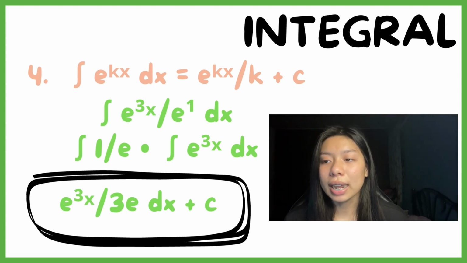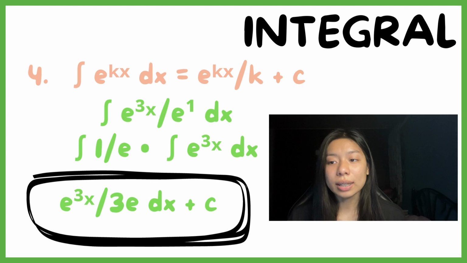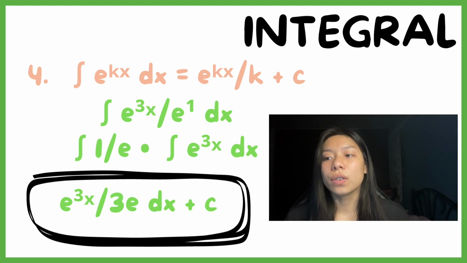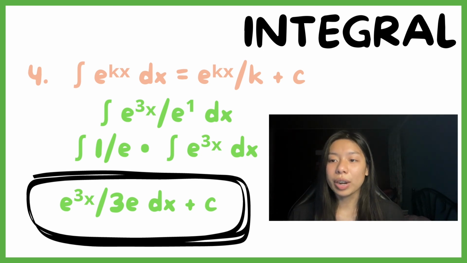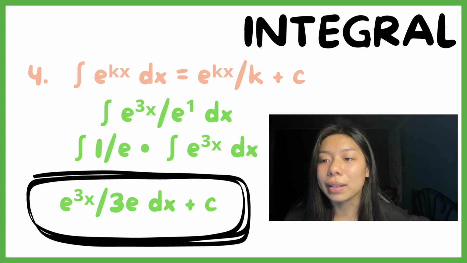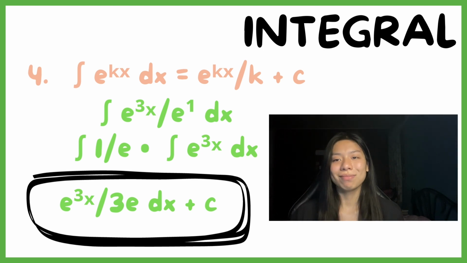It will be written as integral of 1 over e times the integral of e raised to 3x dx. And now for the final answer, e raised to 3x over 3 plus c, as we multiply both parts and bring down the exponent as the denominator.